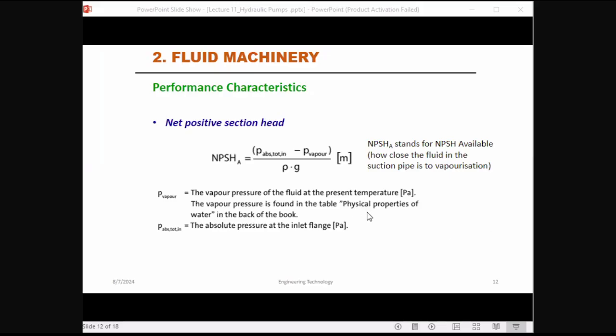Then the importance of this: maintaining the suction pressure above this vapor pressure to prevent cavitation in our impeller.